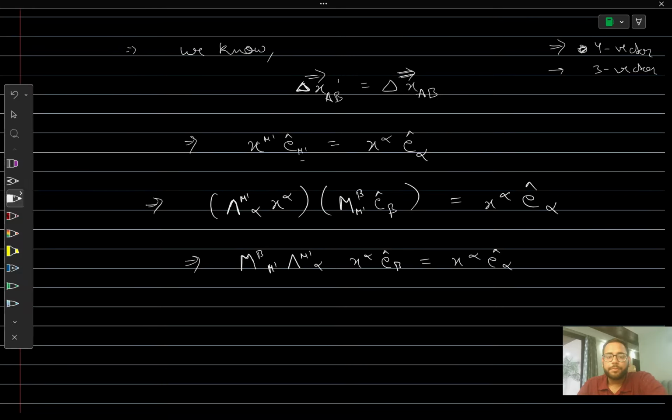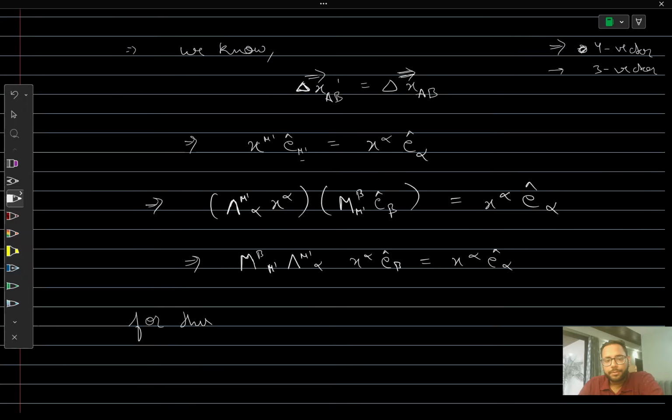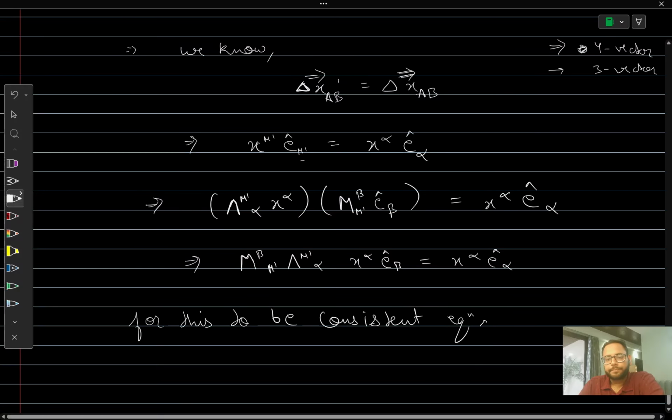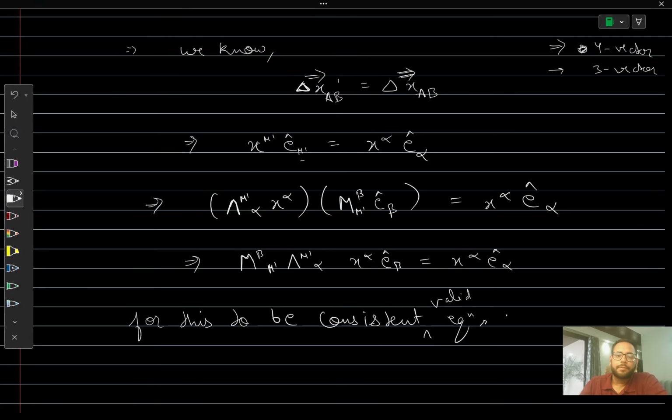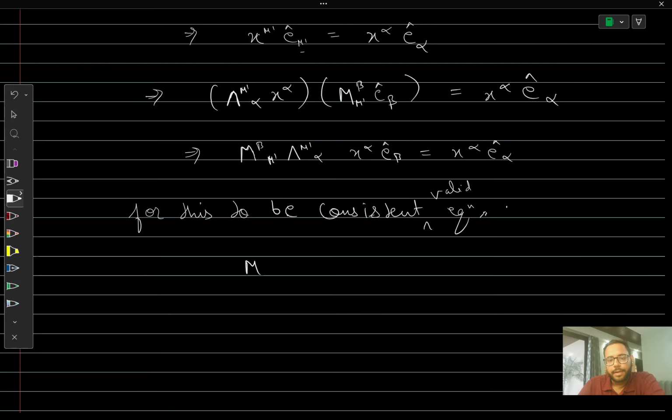Okay, so now for this, since the vectors are the same, for this to be a consistent, I mean valid, equation, this rule must follow: this mu prime, this is beta, this should be equal to beta alpha.